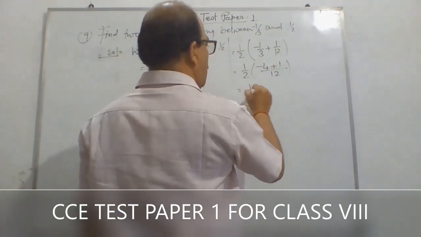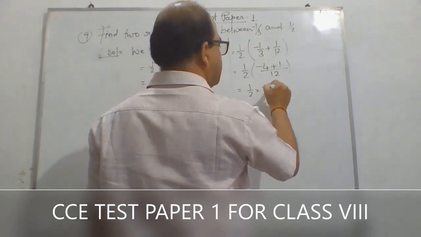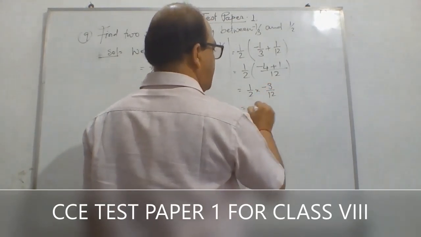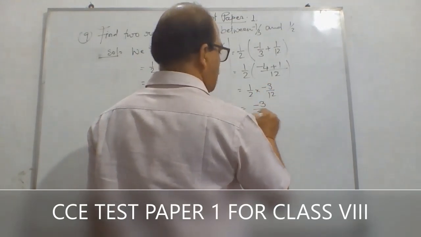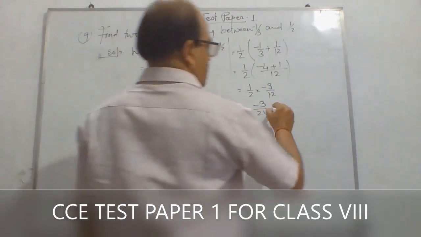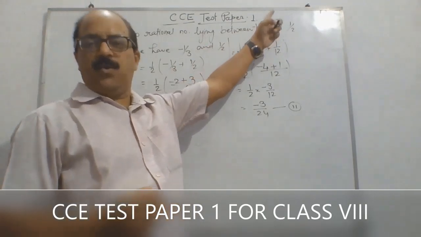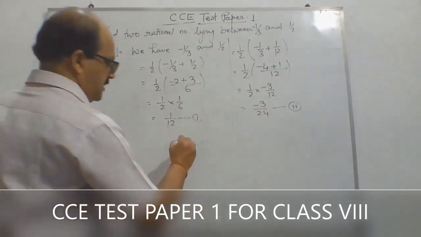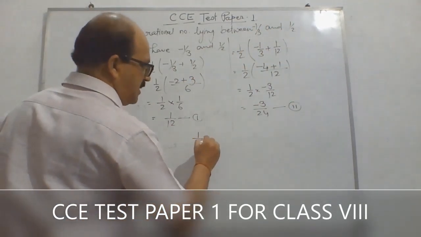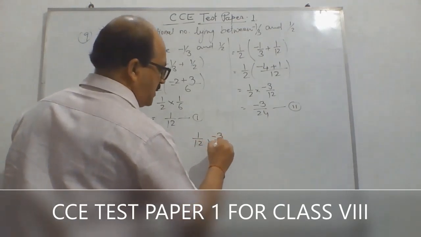Here 1 by 2 into minus 3 by 12, so minus 3 by 24. So both are rational numbers between minus 1 by 3 and 1 by 2. These are the answers, 1 by 12 and minus 3 by 24.